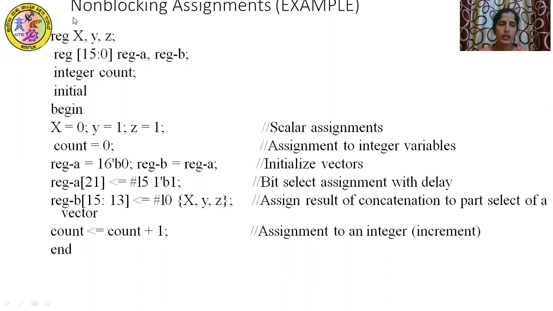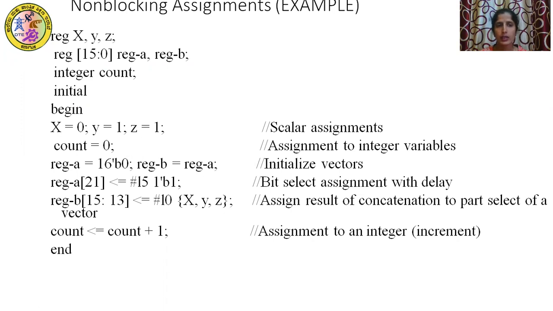We have chosen the same example which we had considered for blocking assignment statements, so that we'll clearly understand the execution of statements in blocking assignment and non-blocking assignment.